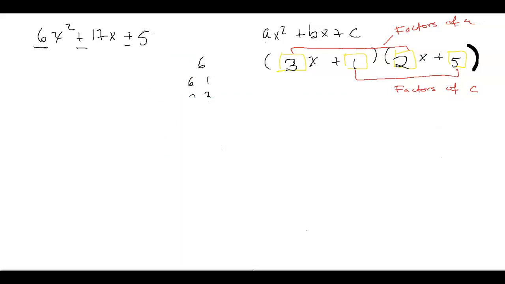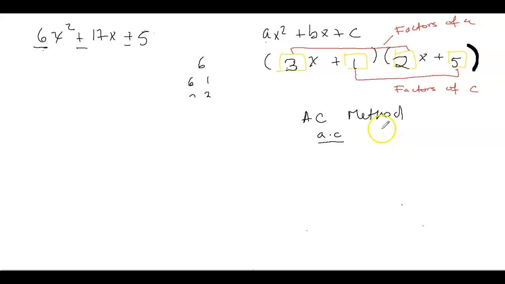It's called the AC method because you basically multiply the A and the C.